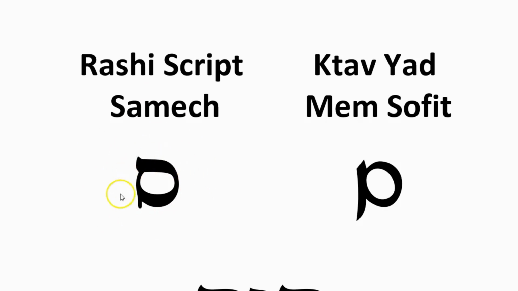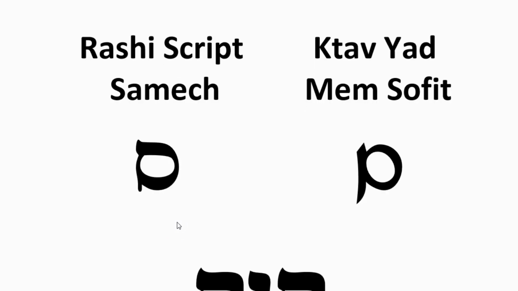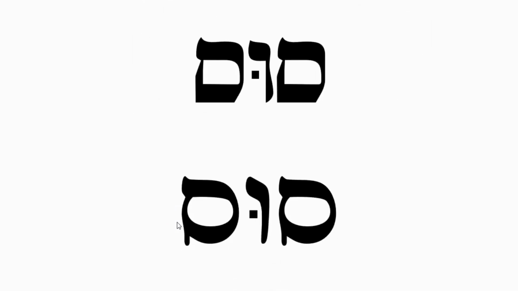Okay, if you see in Rashi script what looks like a samech, an ender mem, whatever, if it has a tail, it's not an ender mem, it's a samech. Also, usually this is going to be in the middle of a word, and this is not going to be terribly confusing because we don't have a mem sofit in the middle of the word. Okay, here is an example. Here's the Hebrew word sus, meaning horse.